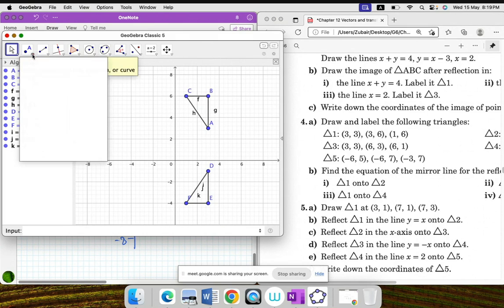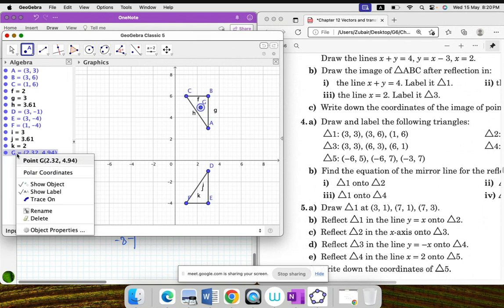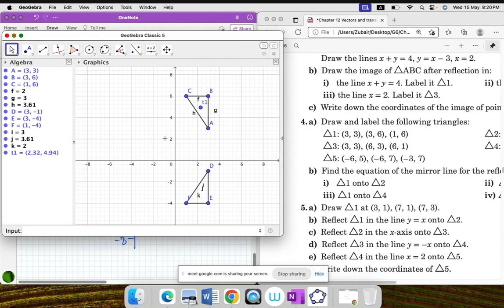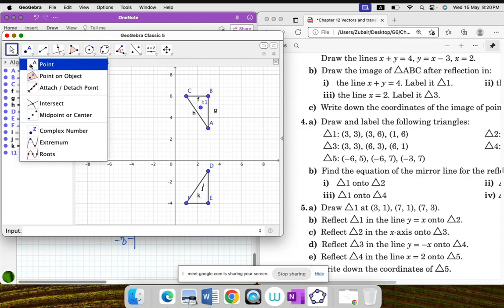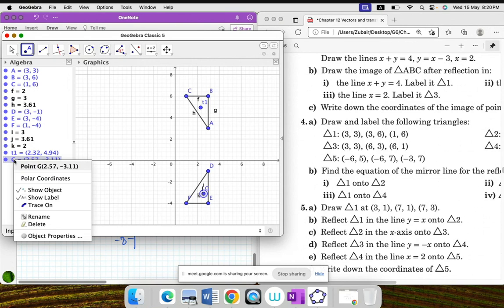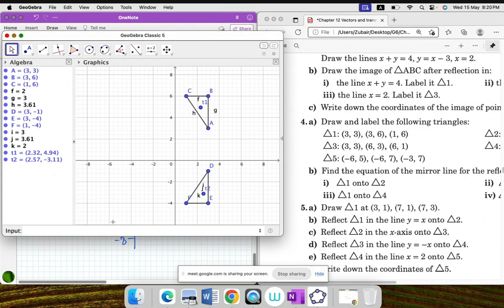If I can label them somehow, if I take this point, this is G, and if it allows me to rename, yes. So that's triangle 1. This is triangle 2 and triangle 3.